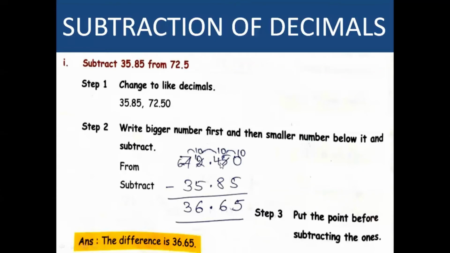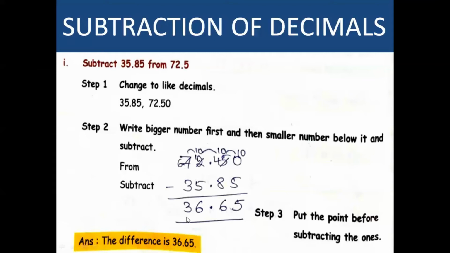Now 4 minus 8 we cannot take. So borrow 10. 10 plus 4, 14. 14 minus 8, 6. Now take 10 borrow. 10 plus 1, 11. 11 minus 5, 6. Here we are having 6. 6 minus 3, 3.